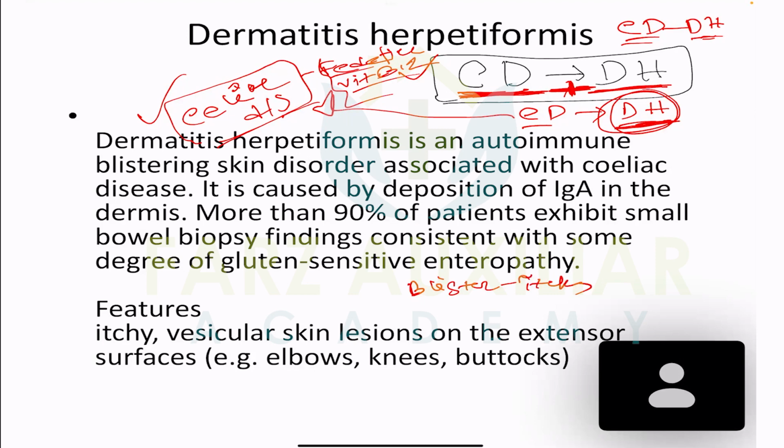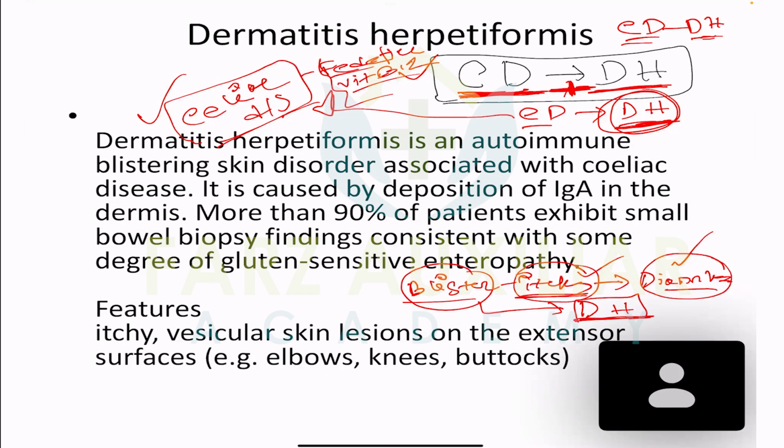Another patient could suffer from a disease like malabsorption syndrome, then the patient has iron deficiency. These two with itchy blisters or itchiness is dermatitis herpetiformis.